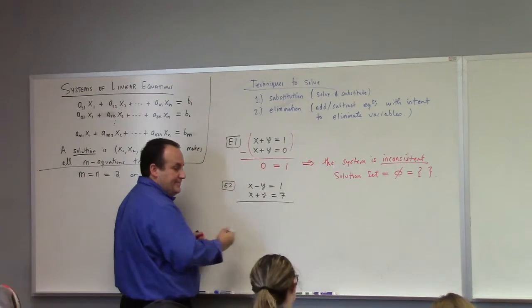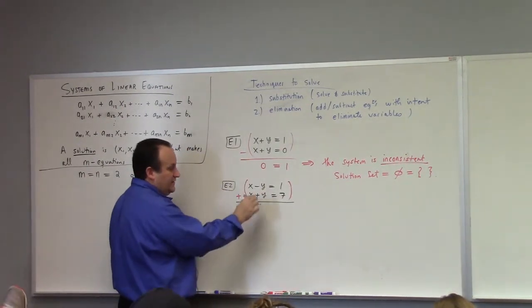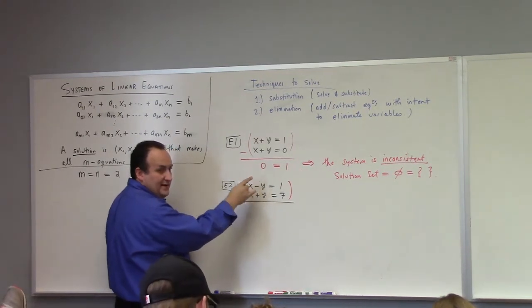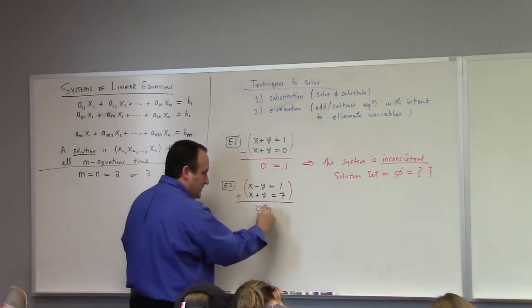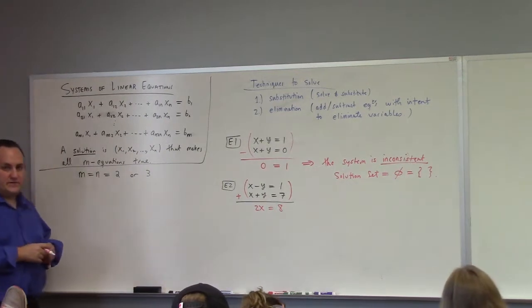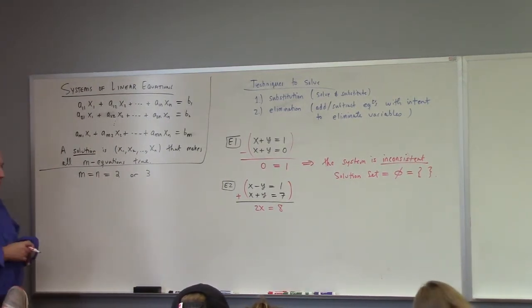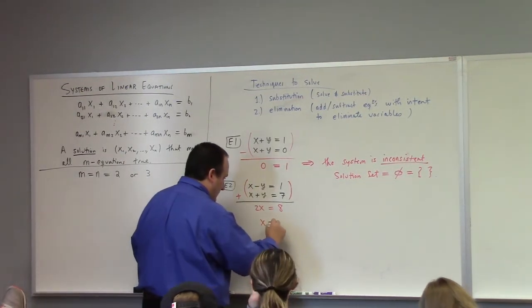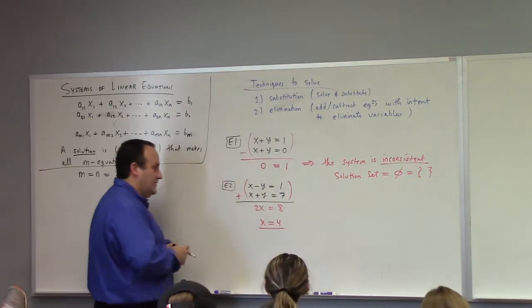I add both sides. When I add the left-hand side, the y and the minus y cancel, and we get 2x equals 8. So elimination is really the right way to go for this problem. Then x equals 8 over 2, which is 4. Then how do I find y?